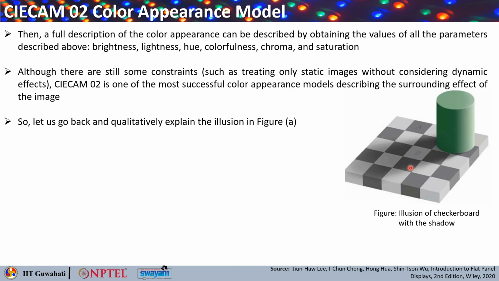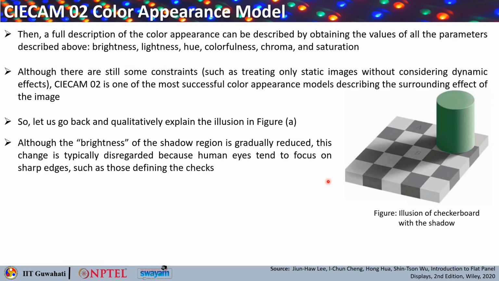So, if you consider this particular image that we considered earlier, here you can see that with this particular model you can qualitatively explain the illusion that is seen here. So, how to explain this?